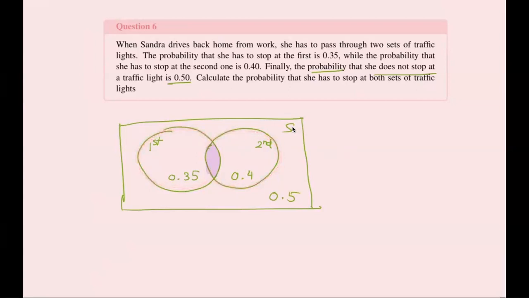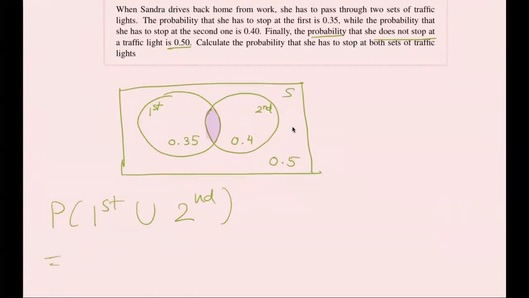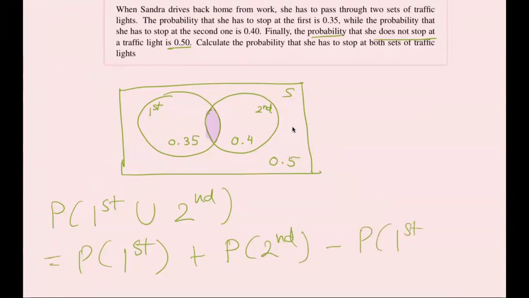Basically, I use probability of first union second is equal to probability that she stopped at the first traffic light plus probability she stopped at the second traffic light minus probability that she had to stop at both traffic lights.